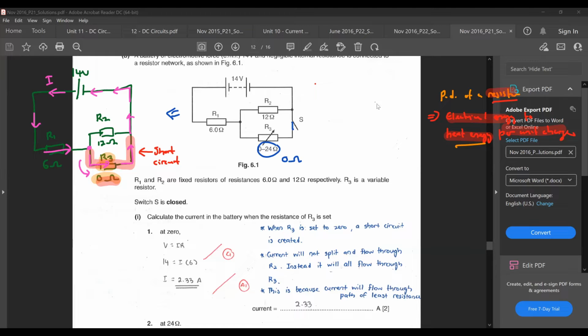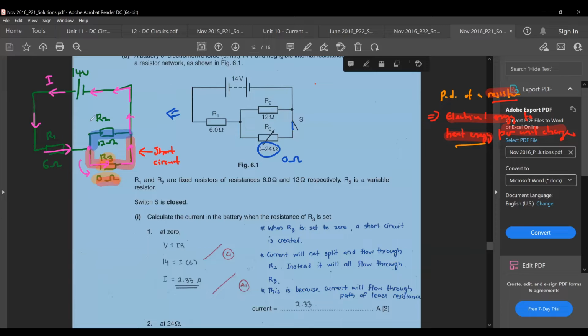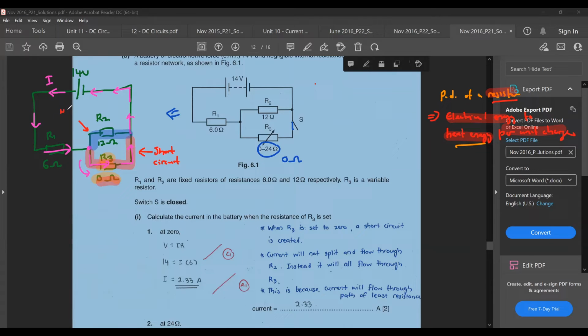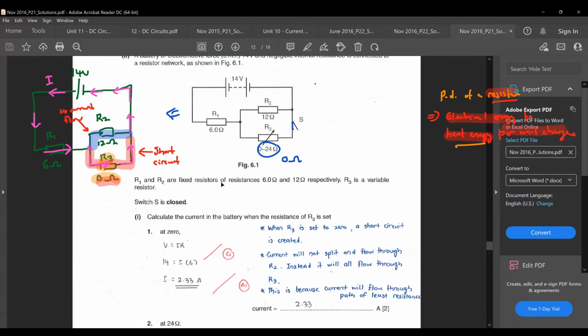This path here, I will highlight as blue. This one has no current flow through to the short circuit. This is how you will see your circuit right now.